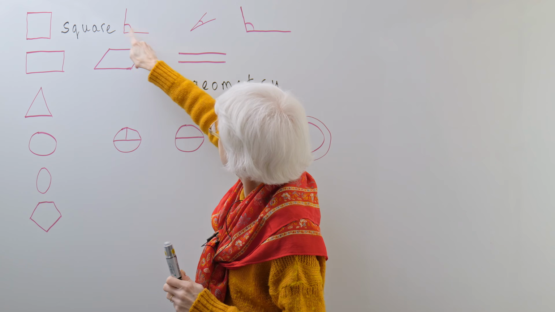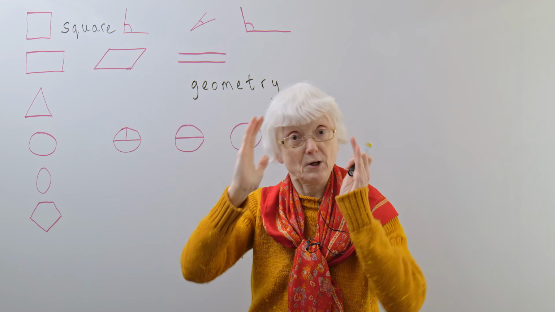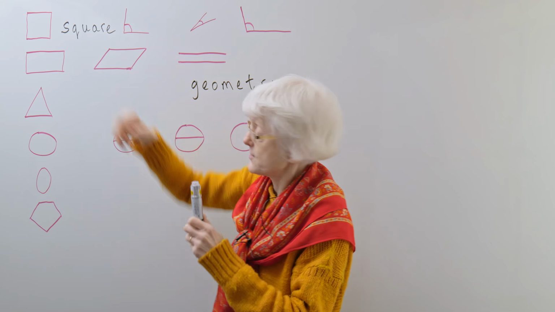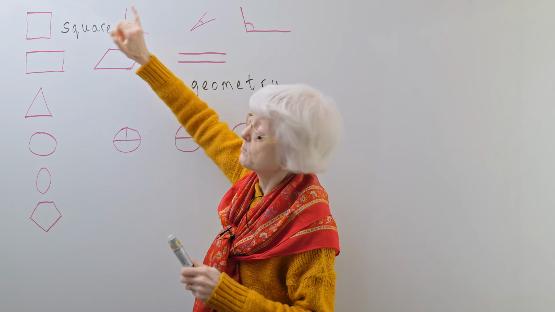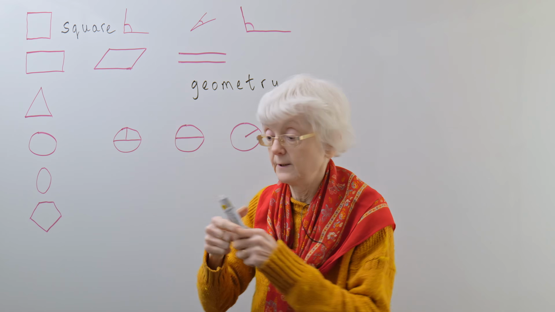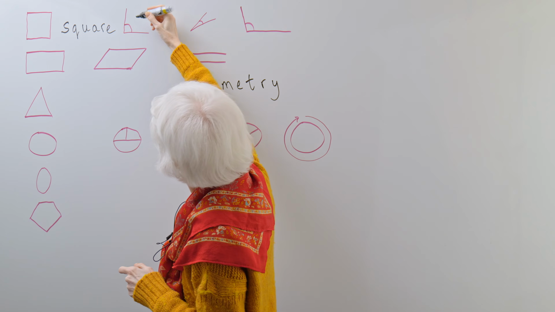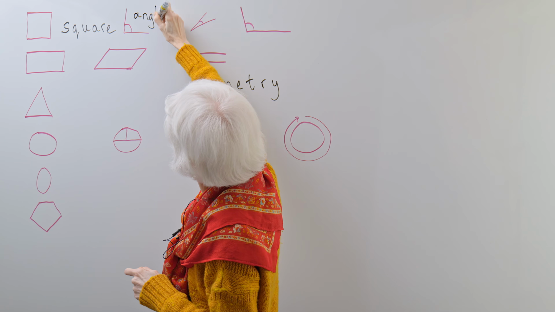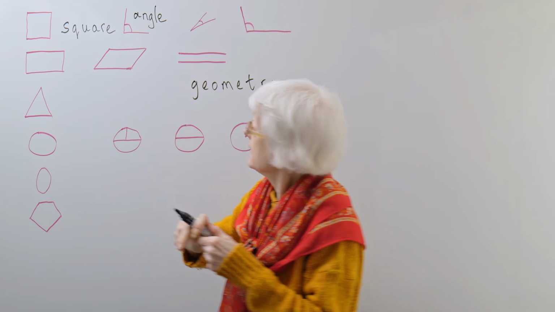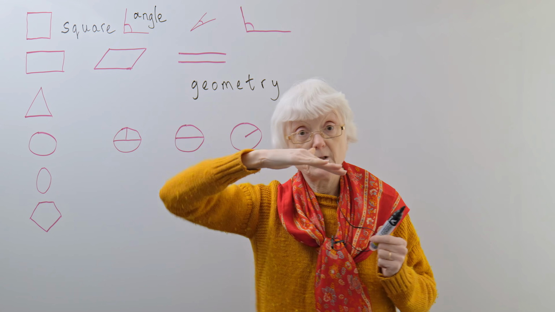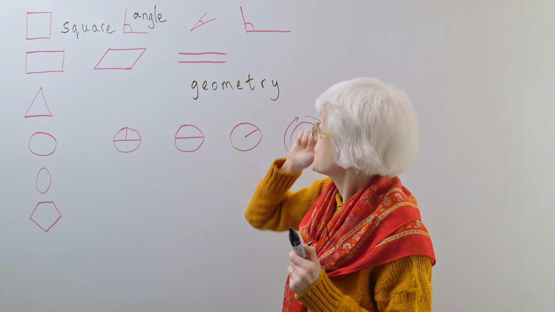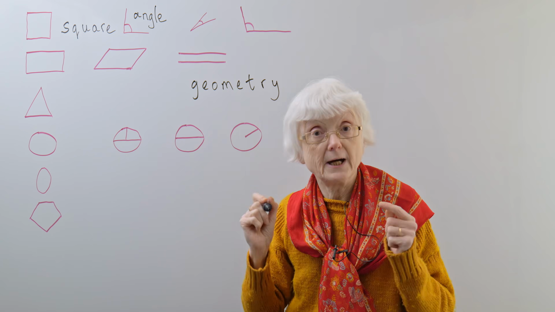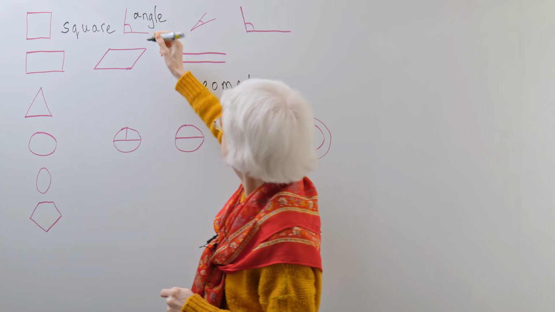And then this, what I mean about it not leaning over is because it has this, which is called an angle. It's straight up and straight across, so that is actually a 90-degree angle.